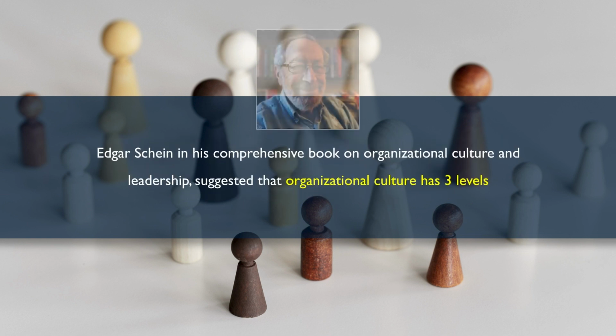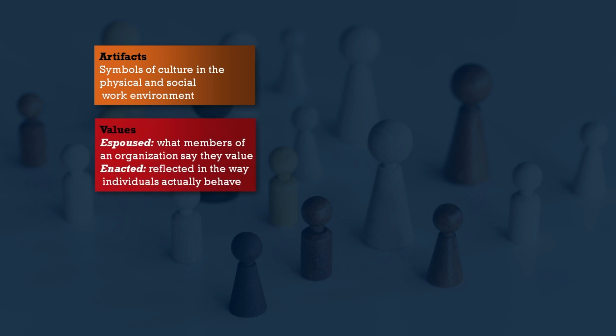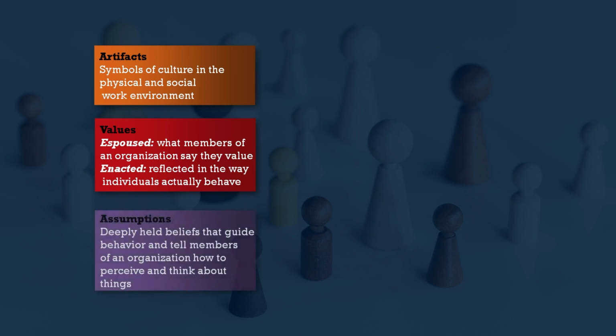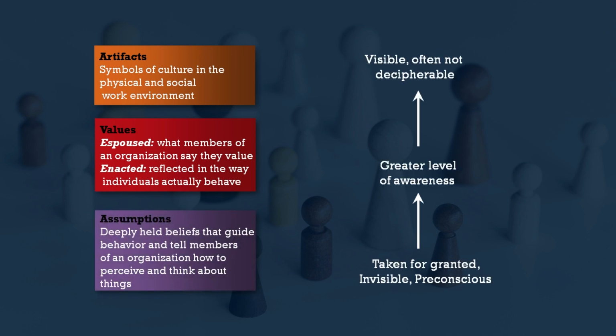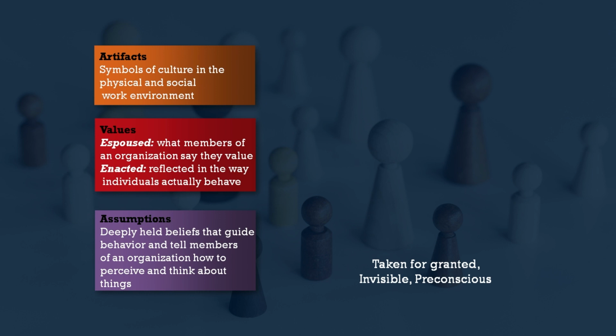Edgar Schein, a behavioral scientist who has written a very comprehensive book on organizational culture and leadership, suggested that organizational culture has three levels. The levels range from visible artifacts and creations, to testable values, to very invisible and even pre-conscious basic assumptions.